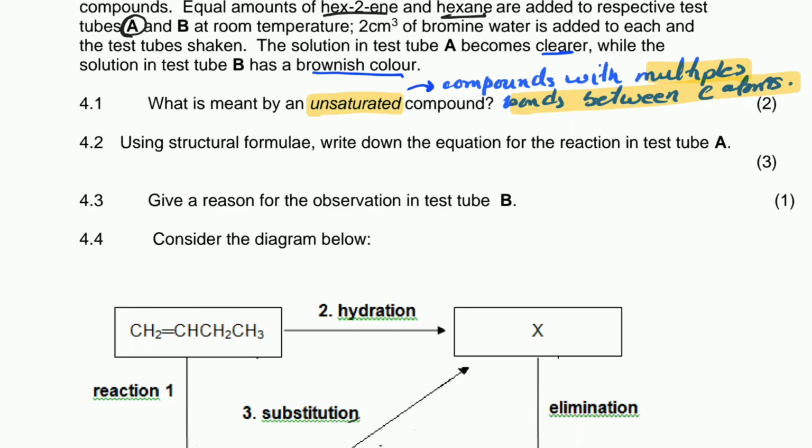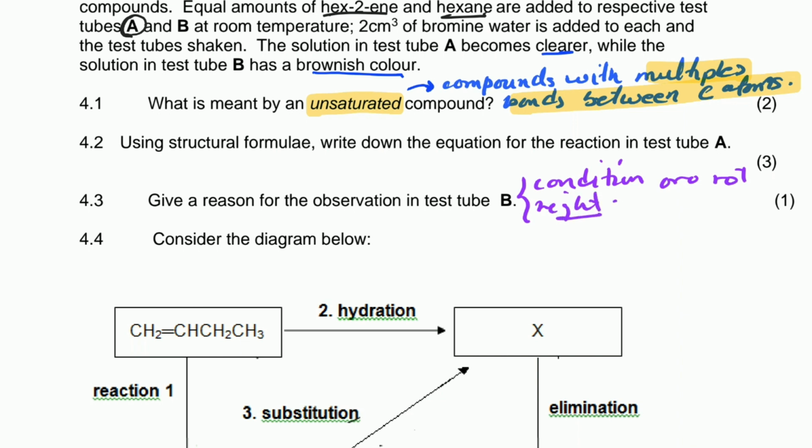4.3. Give a reason for the observation in test tube B. Now in test tube B, they say the solution has a brownish color, which means that the reaction did not actually happen. Why did the reaction not happen? Because the conditions were not right.